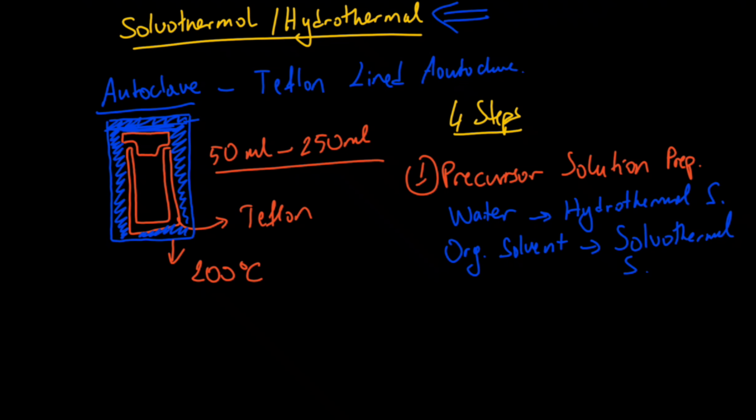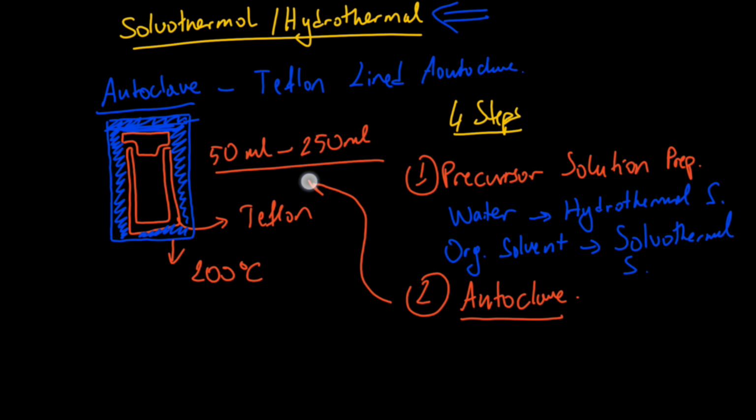So after the precursor solution preparation, we put the solution into the autoclave and we heat the autoclave in an oven.